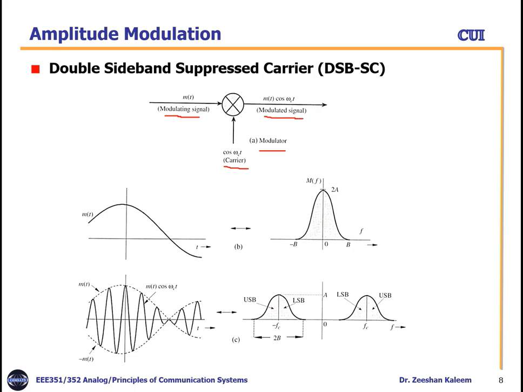This is our message signal in the time domain, and similarly, if we take the Fourier transform, this is how the signal will look in the frequency domain, and it occupies the bandwidth B. After modulating, m(t) times cos(omega_c t), we get m(t) cos(omega_c t).